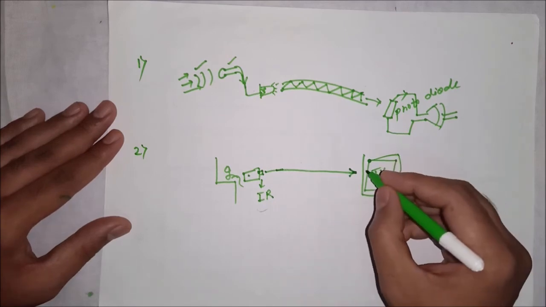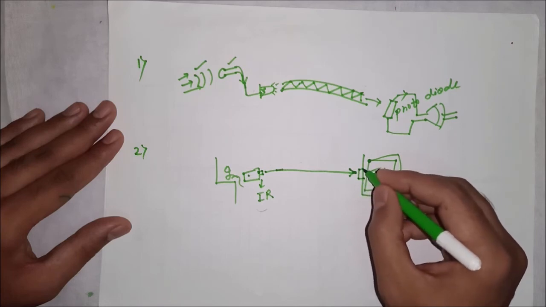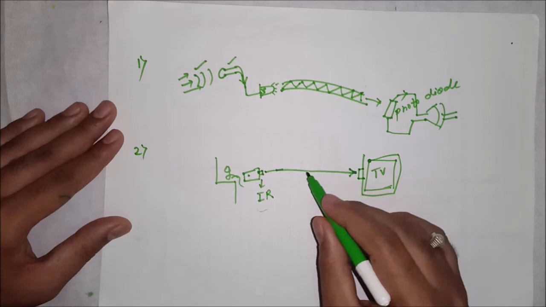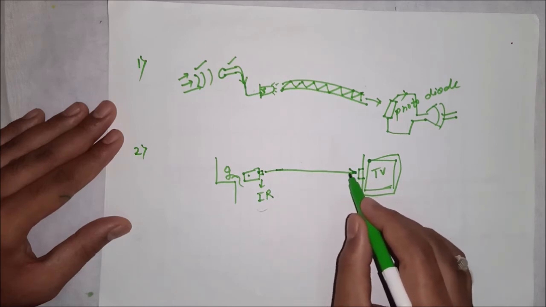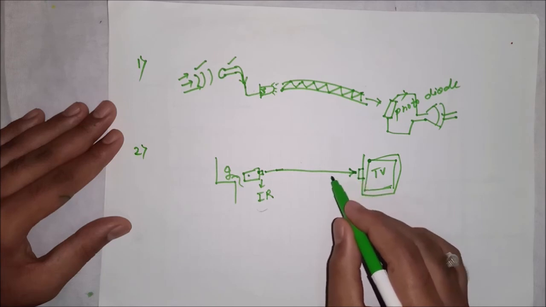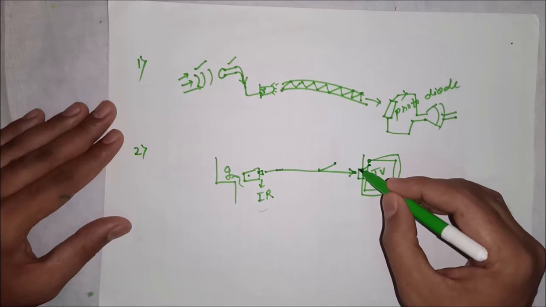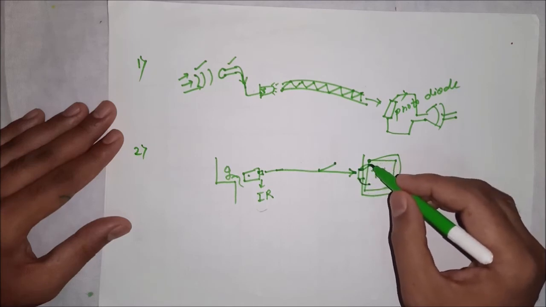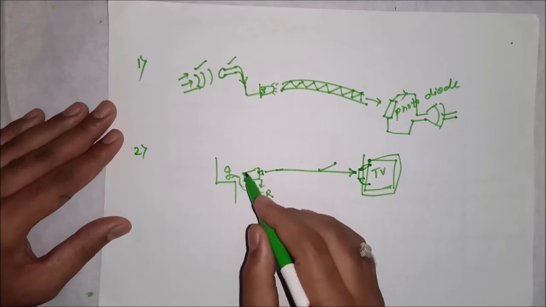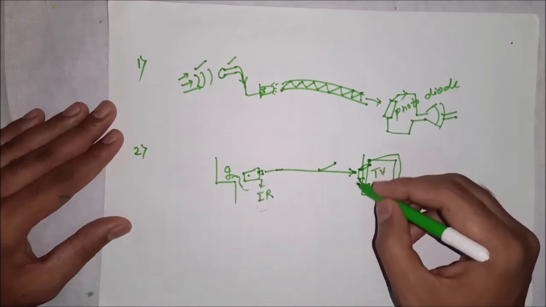In the TV, what is there? There is a photodiode again, and this photodiode will react to this light. When light falls on it, this diode converts light energy into electrical energy. So that electricity passes into the TV and reacts for the particular button we pressed. So it is used in the receiver here.